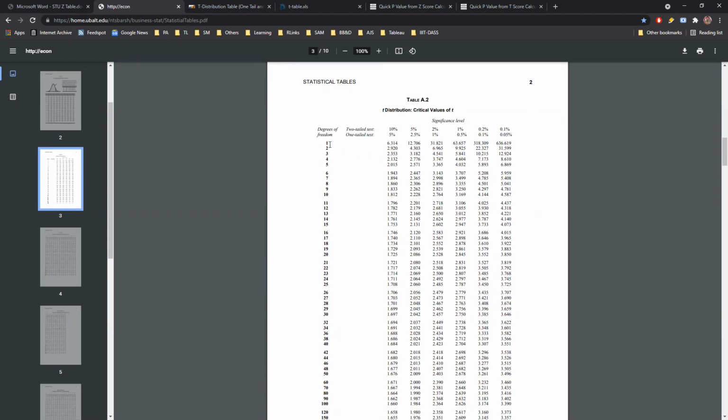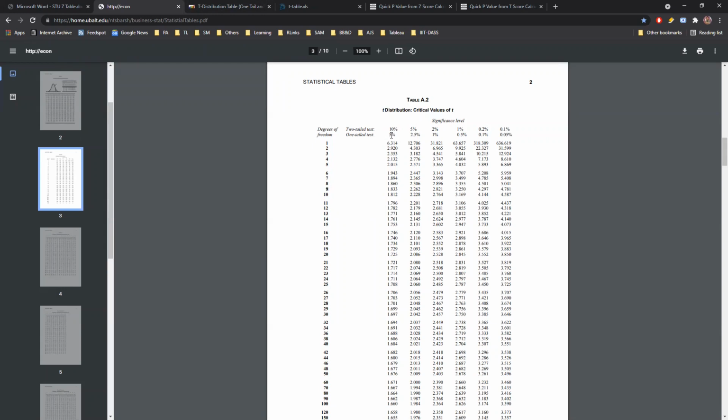So I need to go to the first column, and there is something called degrees of freedom. Degrees of freedom is the sample size minus 1. Since our sample size is 10, our degrees of freedom would be 9.